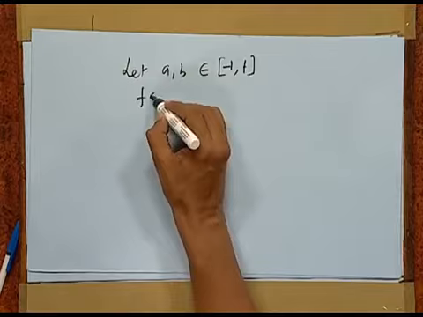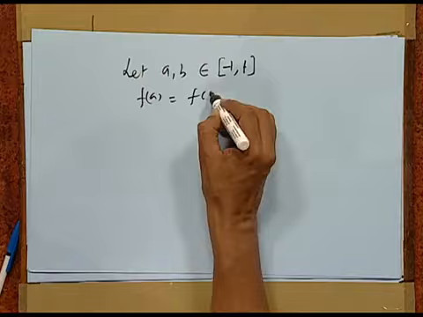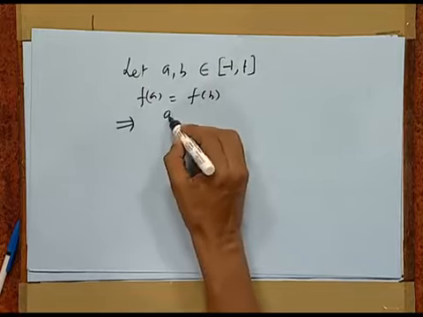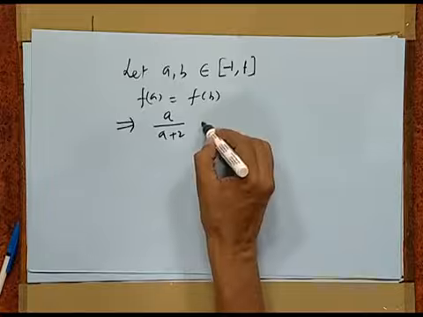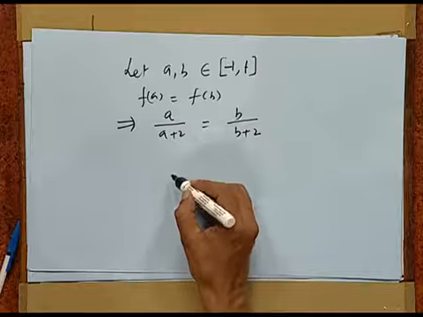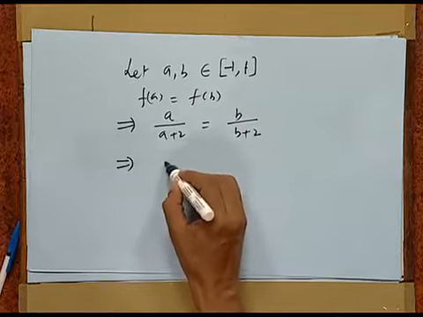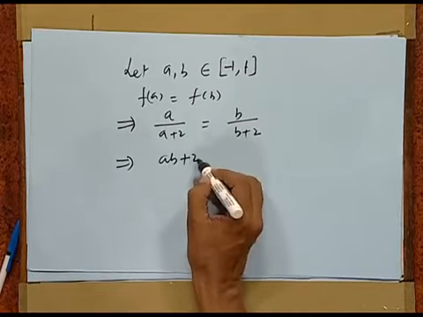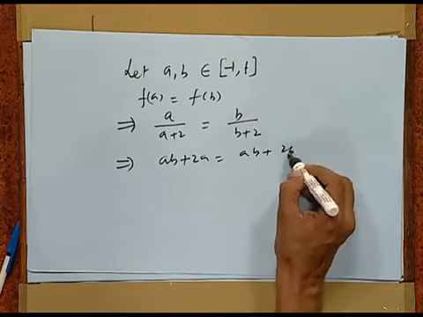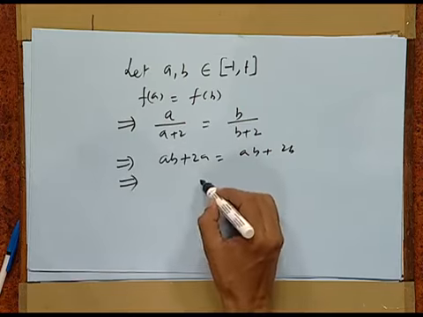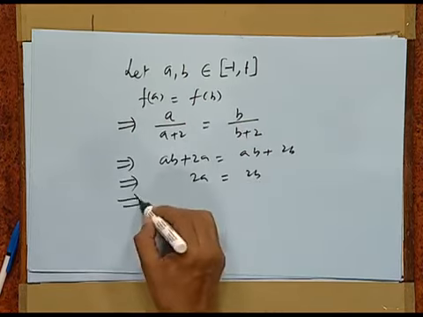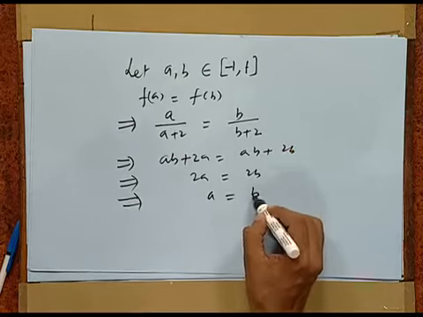Suppose f a is equal to f b. This implies a upon a plus 2 is equal to b upon b plus 2. This means ab plus 2a is equal to ab plus 2b, and this implies 2a is 2b, and this implies a is equal to b.